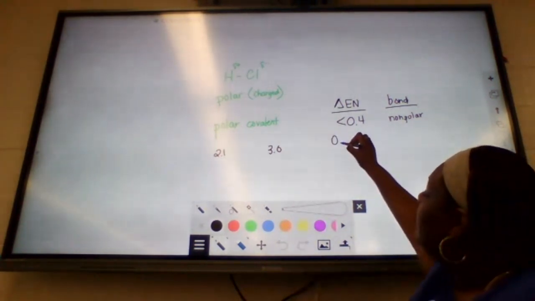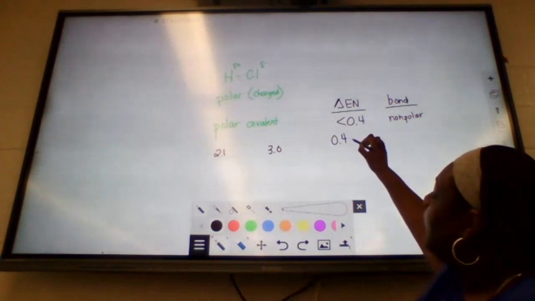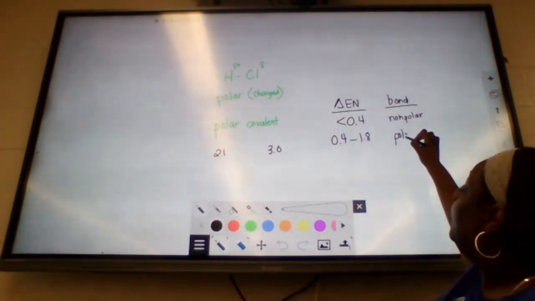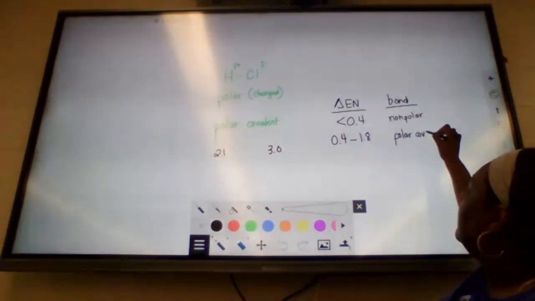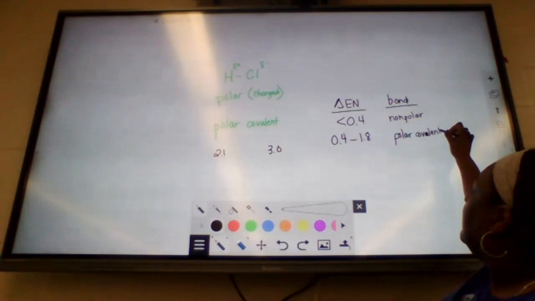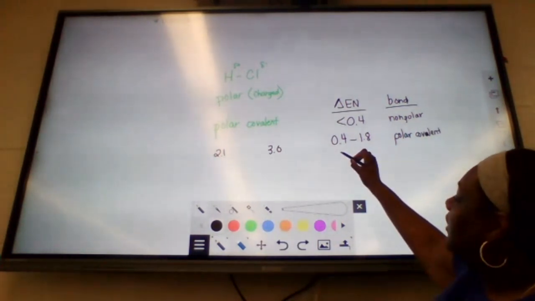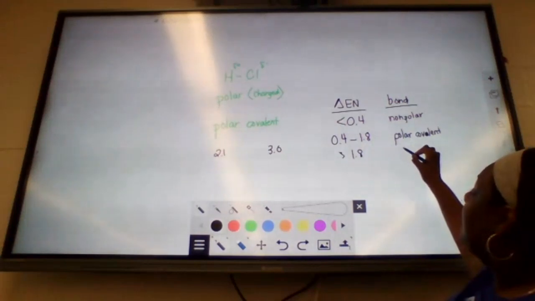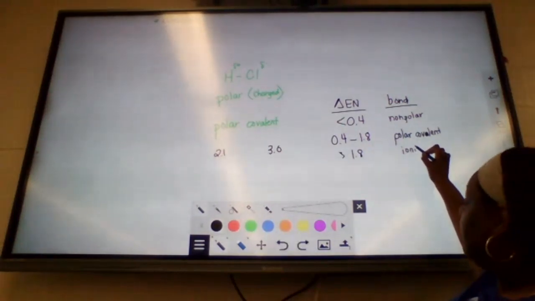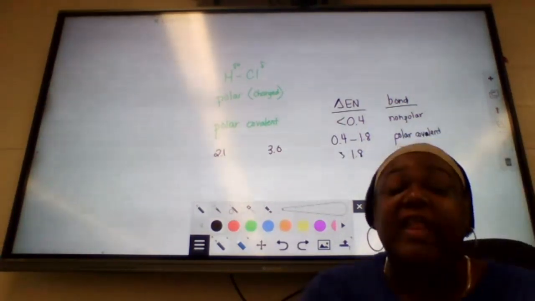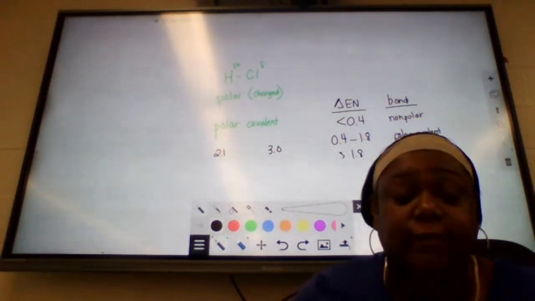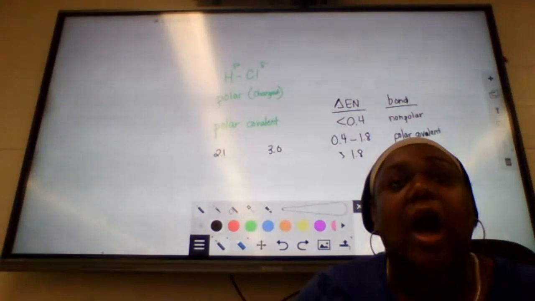If that electronegativity difference is between 0.4 and 1.8, then we say that we've got a polar covalent bond. And if that electronegativity value is bigger than 1.8, we say that that is an ionic bond. So elements that are really far apart on the periodic table generally are going to form ionic bonds.